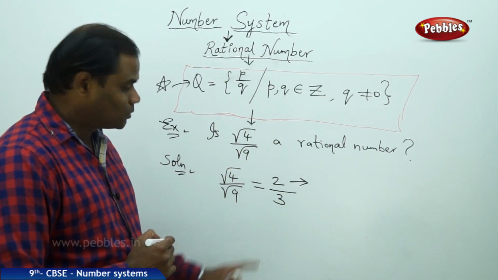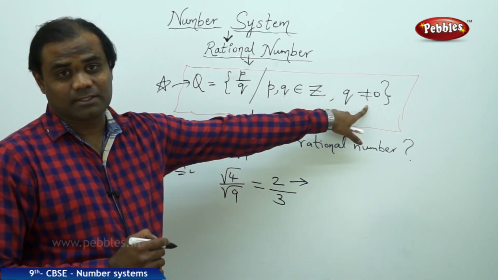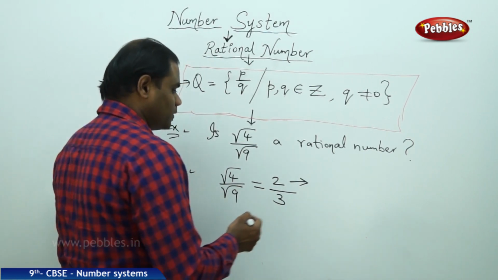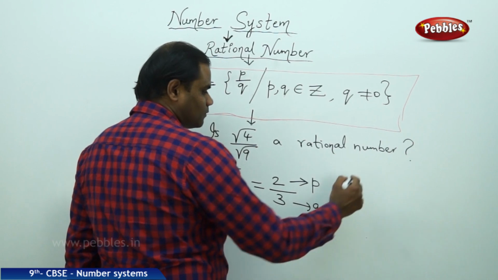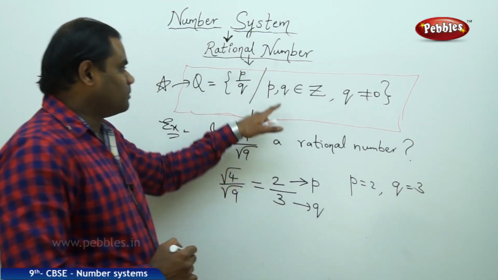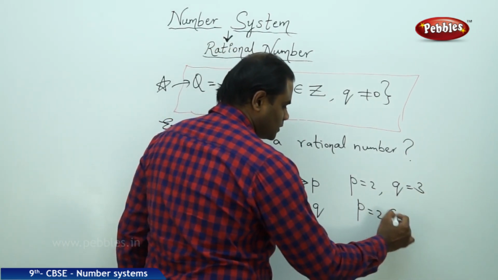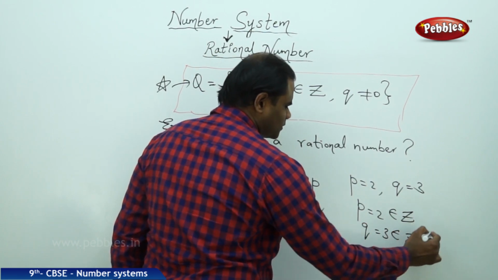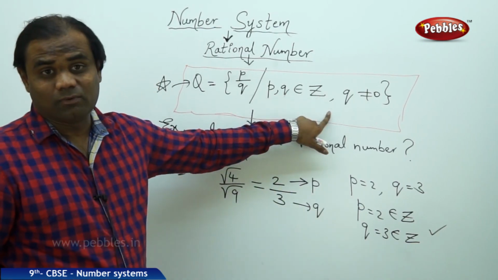So I put this number 2 over 3 through both the tests, test number 1 and test number 2. Here I get my P as 2 and my Q as 3. For test number 1, I clearly see that P equal to 2 is an integer and Q equal to 3 is an integer. Therefore both P and Q pass test number 1.